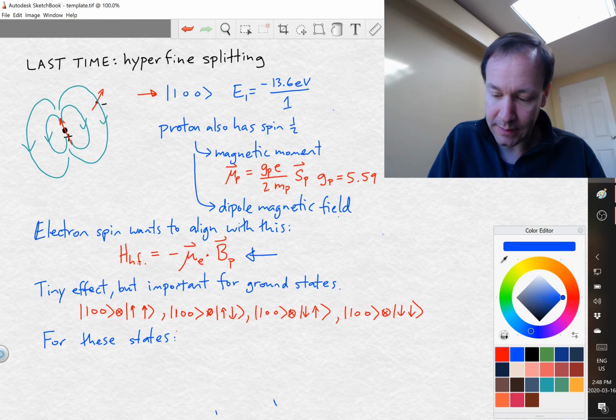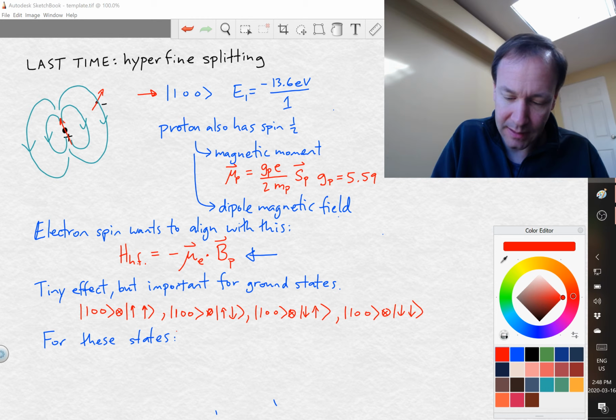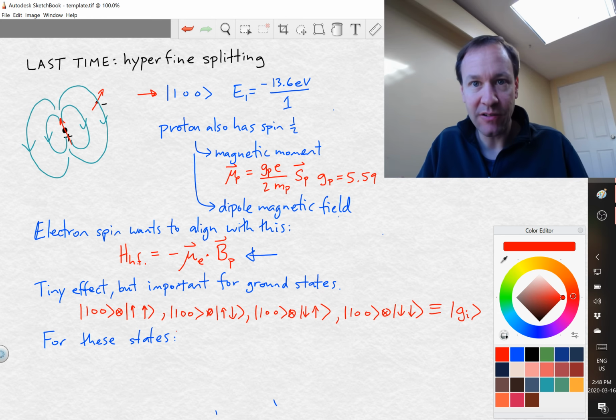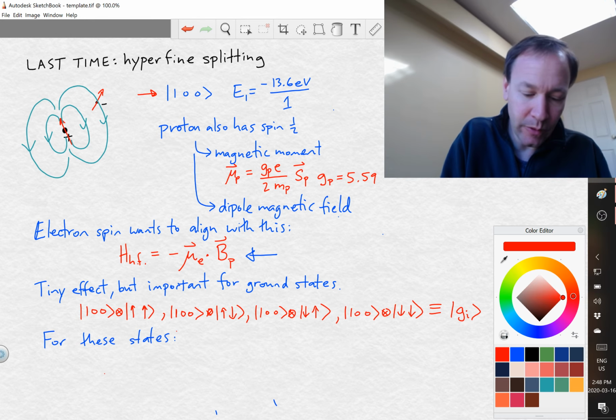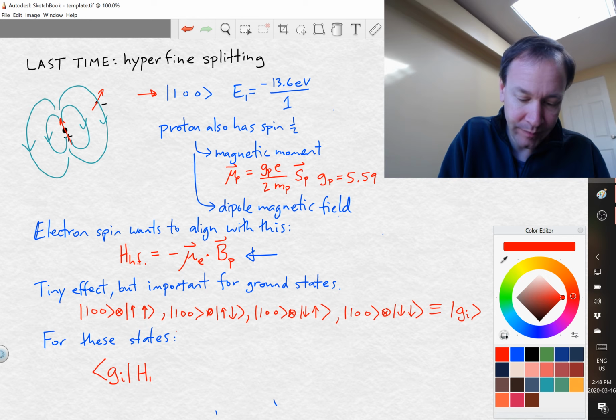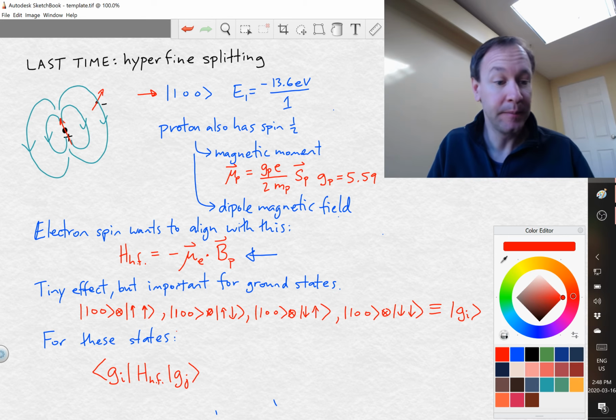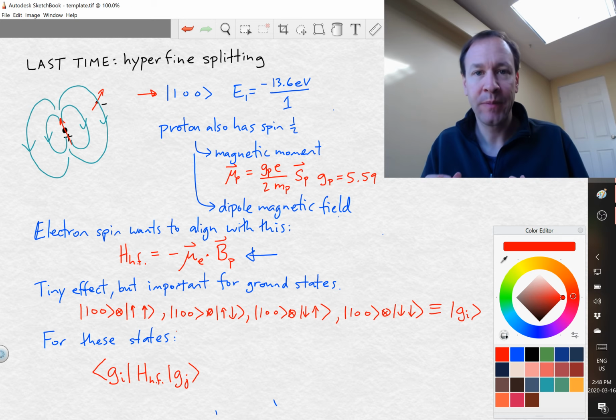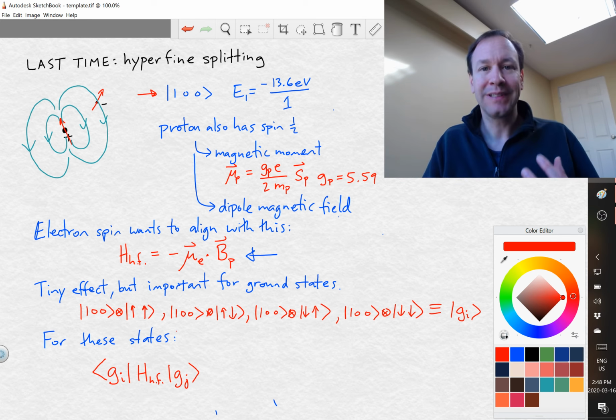And so we can write those down. So let me define those to be g1, g2, g3, g4. And so what we want to calculate is the set of matrix elements g_i, H hyperfine, g_j.